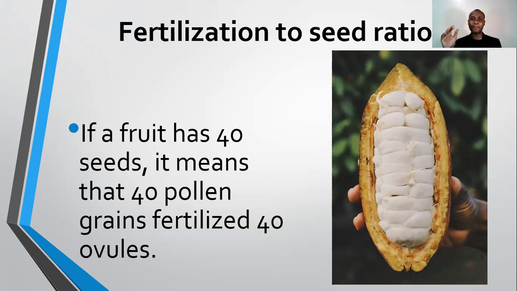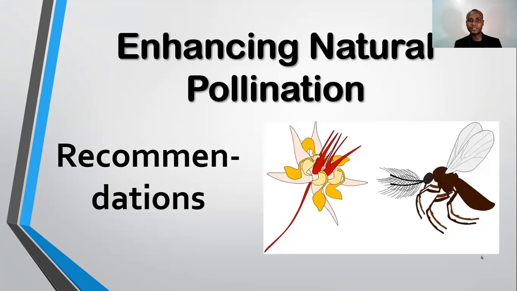So the number of fertilizations is equivalent to the number of seeds found in the pod. Low fertilization means low seeds being formed.